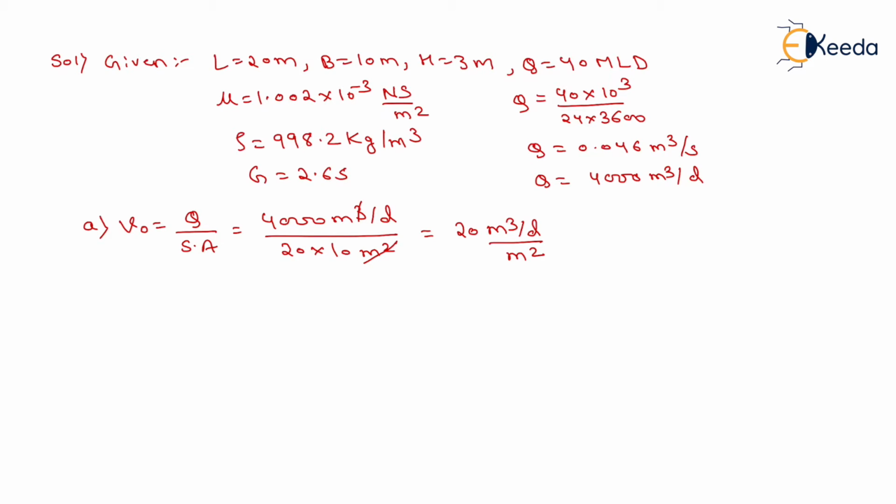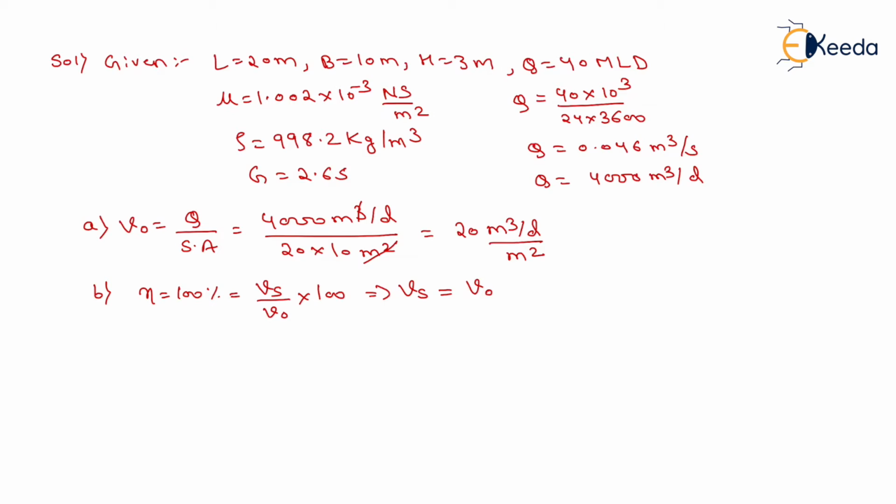Clear? Now we need to calculate the minimum diameter of particle for which efficiency is given as 100%. Efficiency is Vs upon V naught into 100. So if efficiency is 100%, then the conclusion is that the settling velocity equals the loading rate or the overflow rate.